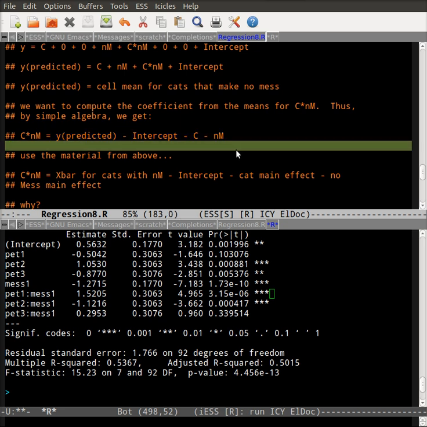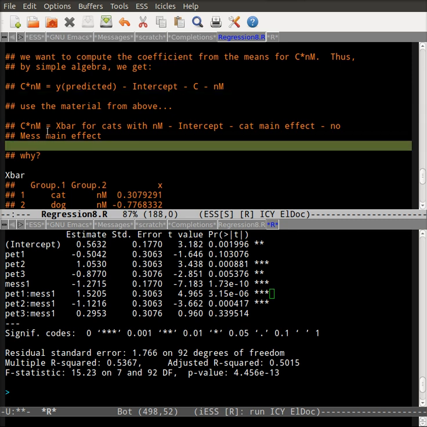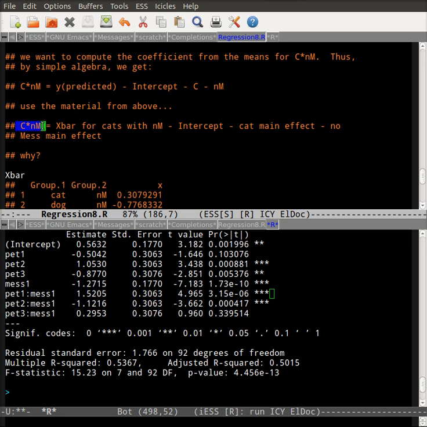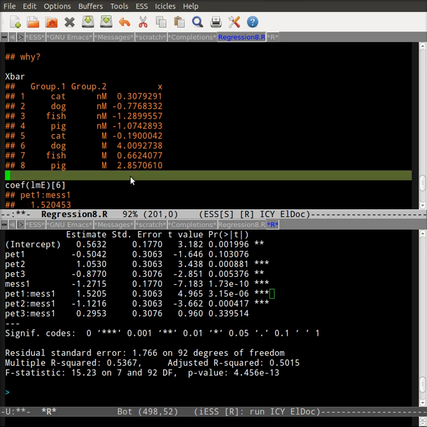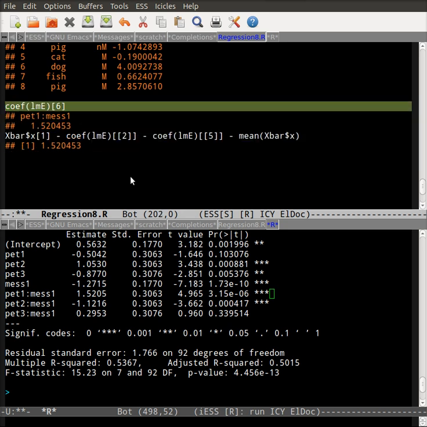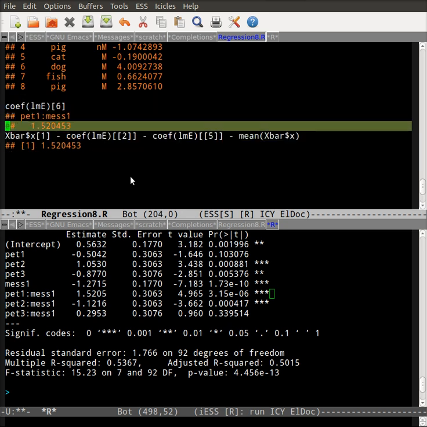And if we use all of our computations from above, we see that B for the interaction equals our mean for cats with no mess minus our intercept minus our cat main effect minus our no mess main effect. Okay? If you look back at these marginal means, you'll see how to calculate that pretty easily. And when we calculate it, sure enough, we get exactly what we were expecting.